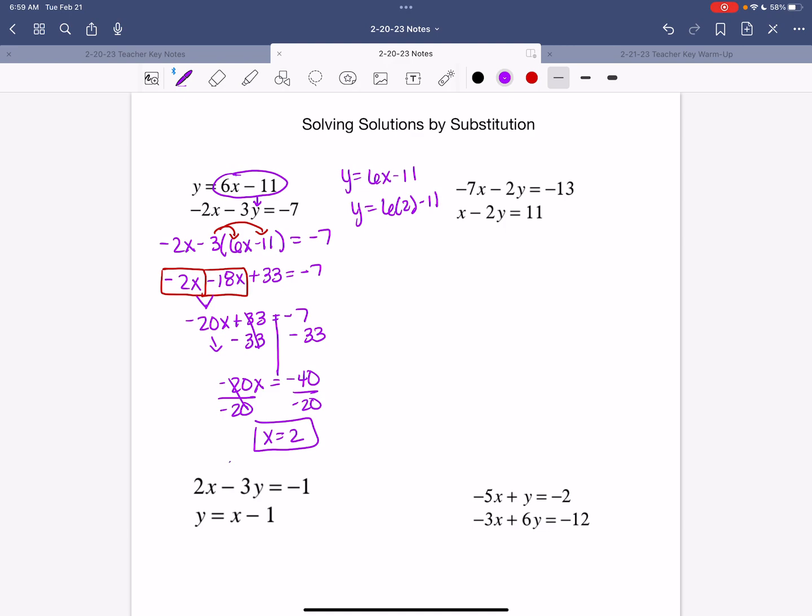Again, we got the 2 from right here; we just plug it in. When we do that, that's going to give us y is equal to 1, because that's going to be 12 minus 11, and y is equal to 1.